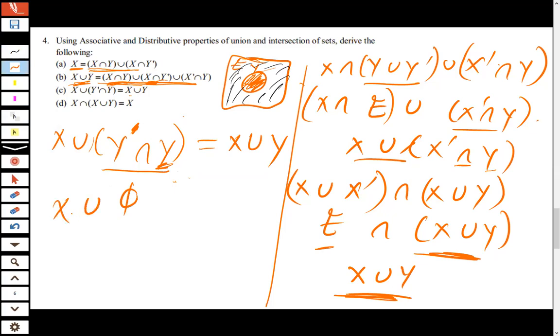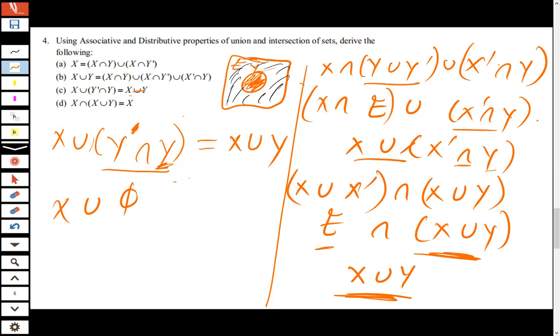And then when you find the union of an empty set and X, I think there was an error somewhere. It wasn't supposed to be like this. This was supposed to just have X outside.